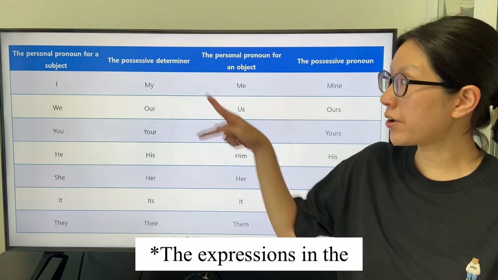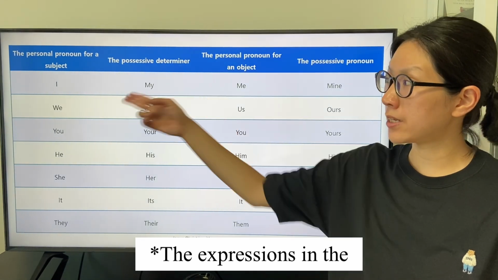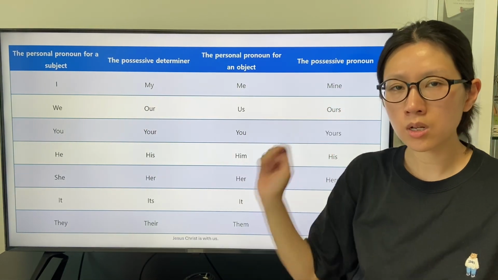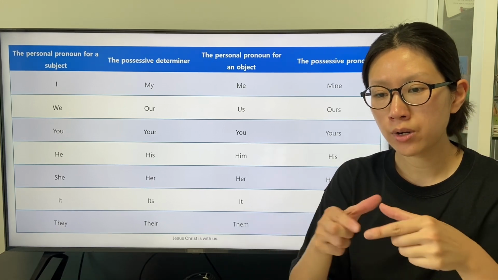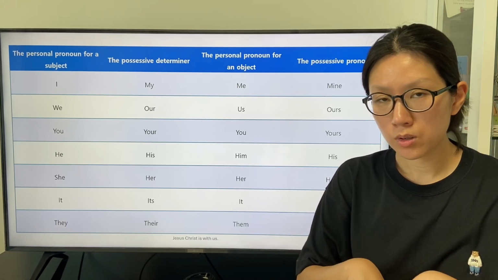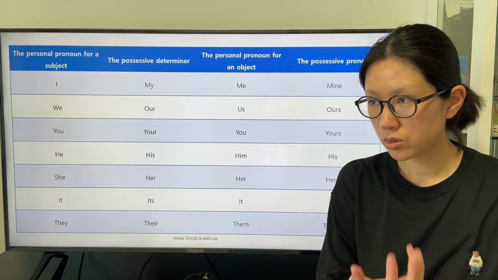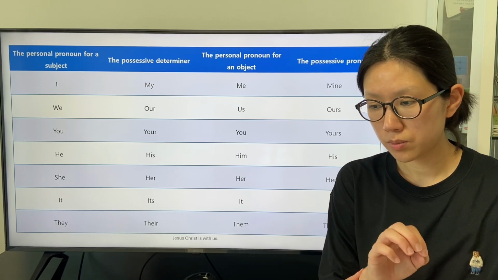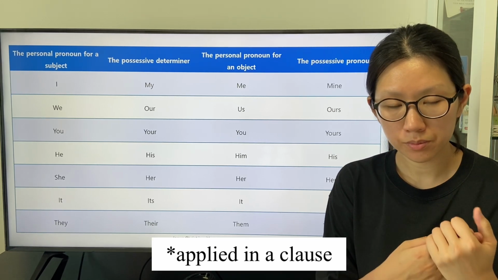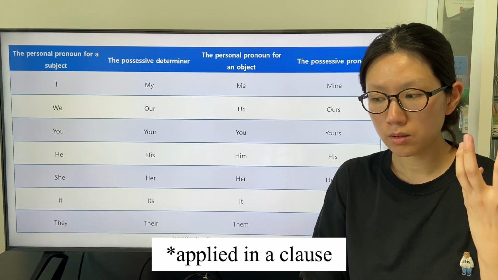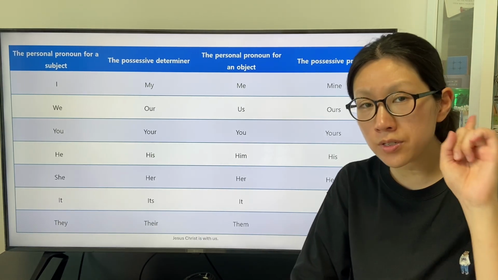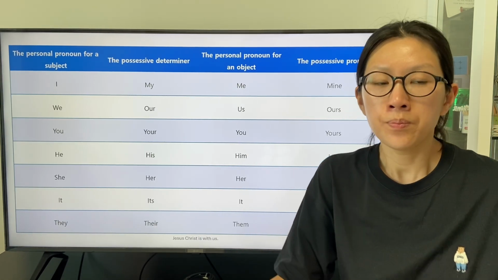The expressions in the first and second rows are applied in a clause by the speaker in the first person narrative.